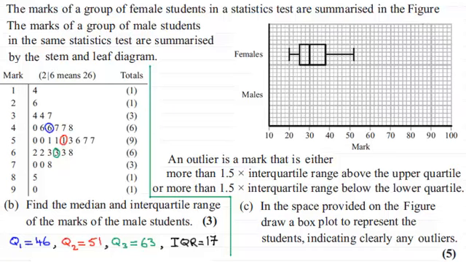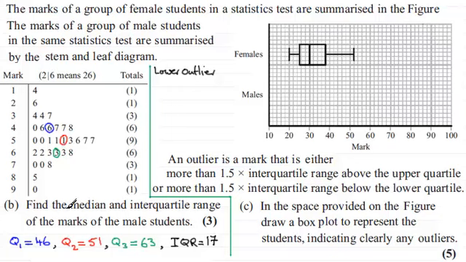Okay, welcome back if you had a go. Well, the first thing we need to do is work out where these outliers are going to be. So we'll start first of all with the lower outlier. It's going to be the lower quartile for the males, which was given by Q1, 46.